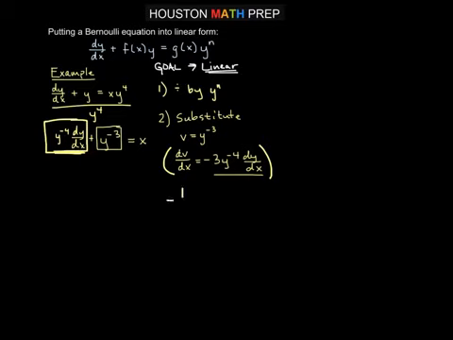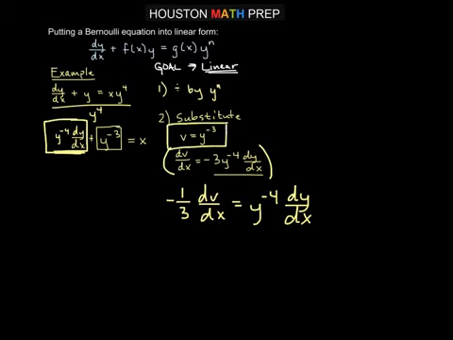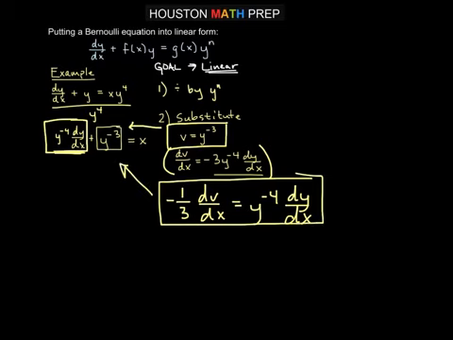So we would get -1/3 dv/dx is equal to our y to the -4 dy/dx. Okay, so we take our original substitution, v equals y to the -3, and this expression that we got for the first term, we plug both of those in over here, and we'll get -1/3 dv/dx plus v equal to x.